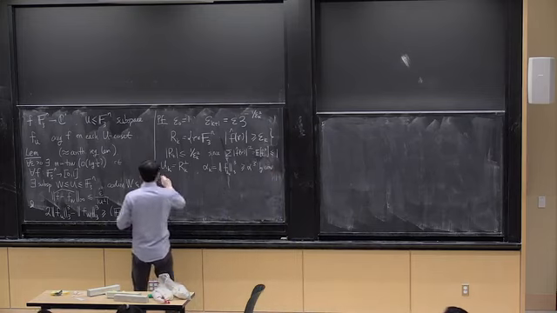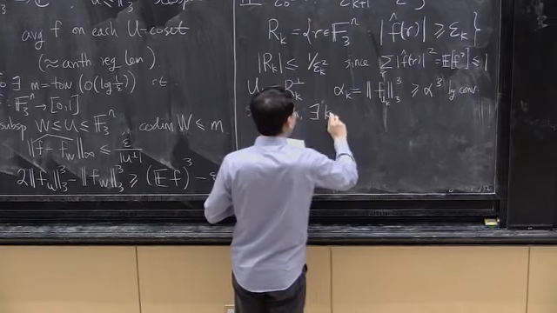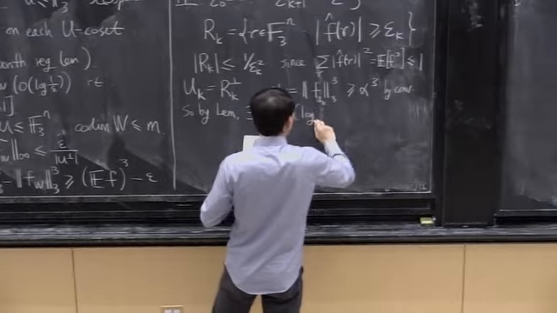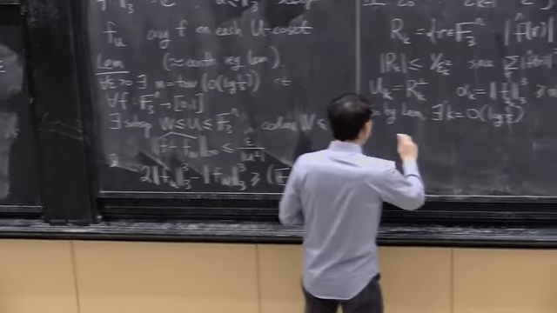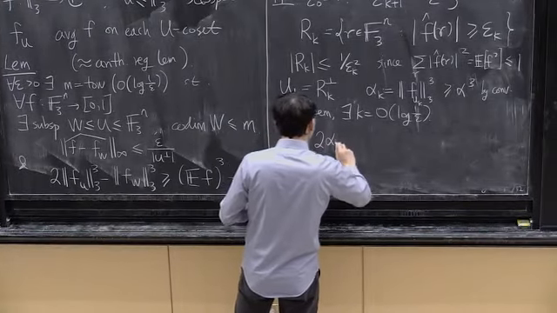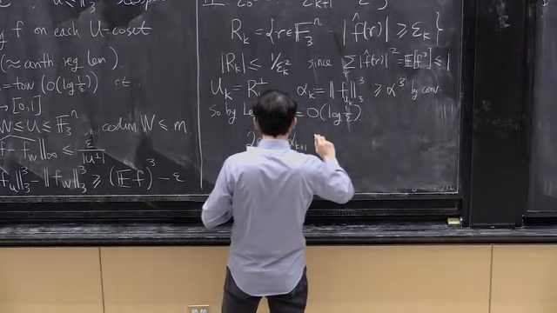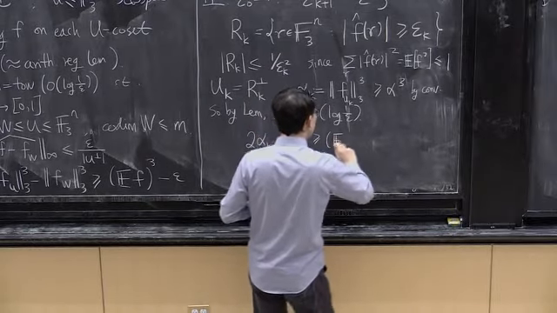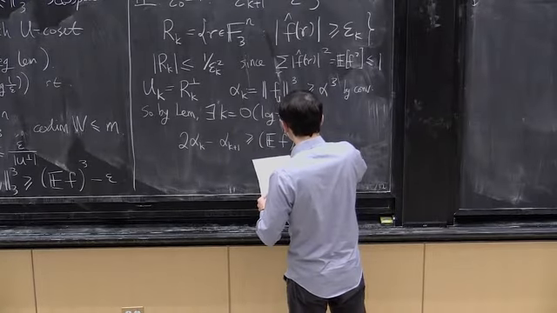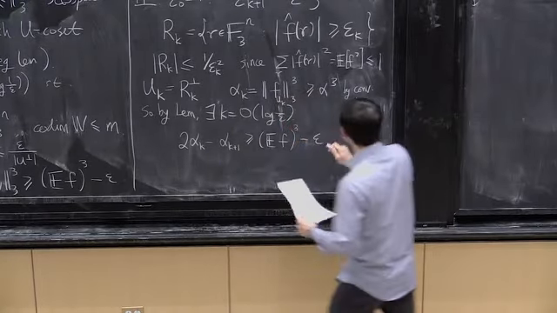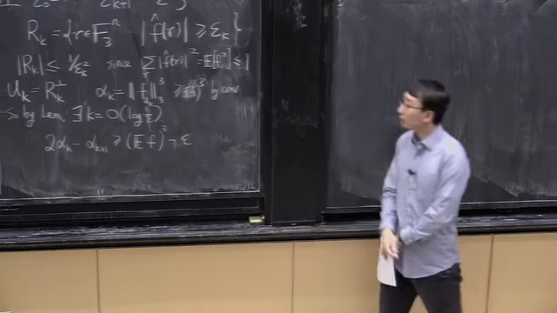So by the previous lemma, there exists some k no more than on the order of 1 over epsilon log 1 over epsilon, such that 2 alpha sub k minus alpha sub k plus 1 is at least the density of f cubed minus epsilon. Okay, so this alpha is supposed to be the density of f.